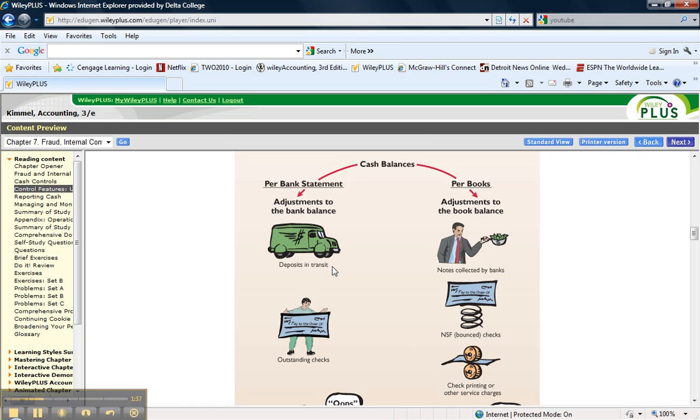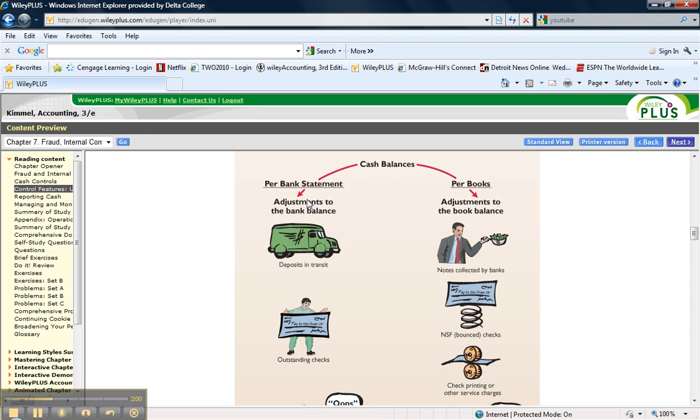Deposits in transit have to be added to the bank balance because they haven't posted to the bank balance yet. That would be to say that the accounting department recorded some deposits, checks they'd received. They recorded them by debiting cash inside their books, and then they went and deposited the checks. Well, that sometimes takes a couple of days for the money to post to the bank.